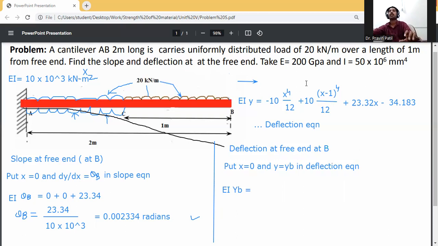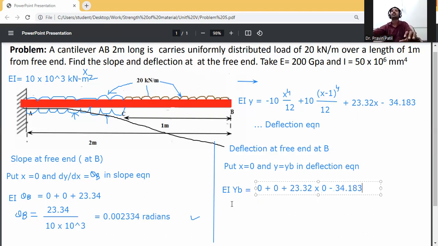minus 10x raised to 4 divided by 12. This term will be 0. Then plus 10 (x minus 1) raised to 4, this term will also be 0. If any value in the bracket is negative, you take it directly as 0. Then plus 23.34 into x will be 0, so this term will also be 0. Then minus 34.183.